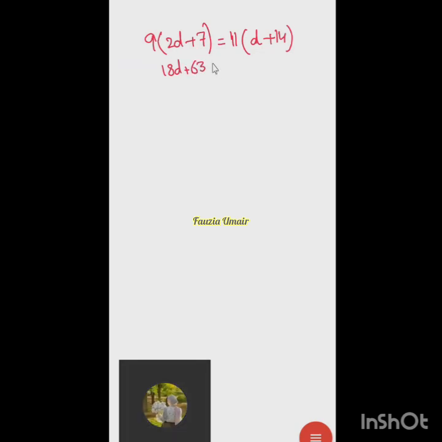Very good. Now on this side of the equation, 11 is multiplied with both of these: 11d plus 154, right? 14 into 11. Yes. So now what?